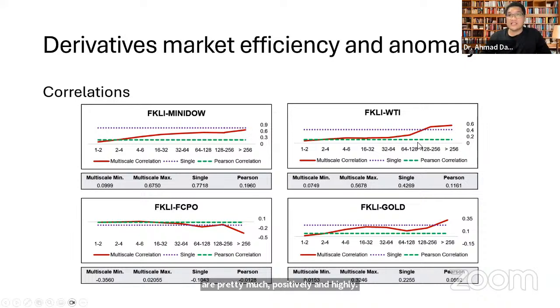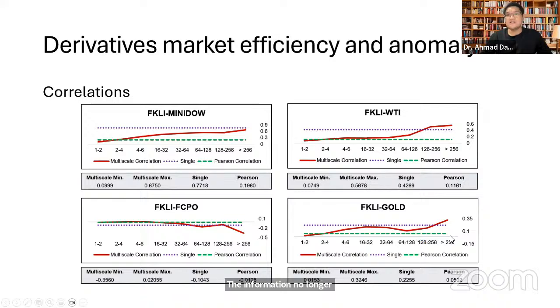The same with KLCI and WTI, they have very low correlation for 2 months, but after that it spiked up to positive 0.6. The same for KLCI and FCPO futures: early on, probably below 2 months, they are positively correlated, but after that they become negatively correlated. Probably people know that the information is no longer relevant, so they just go their own ways.